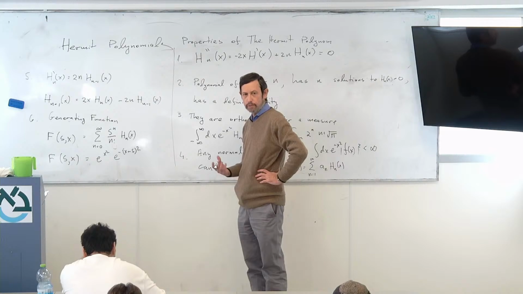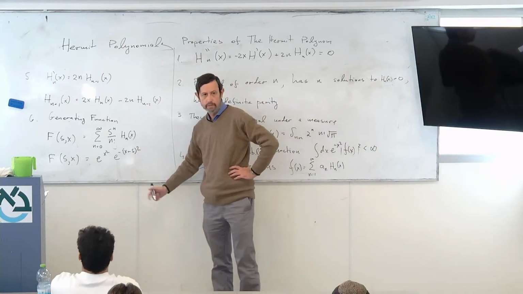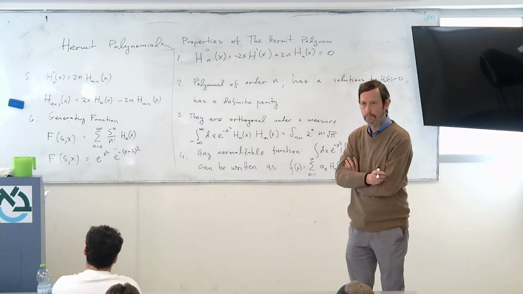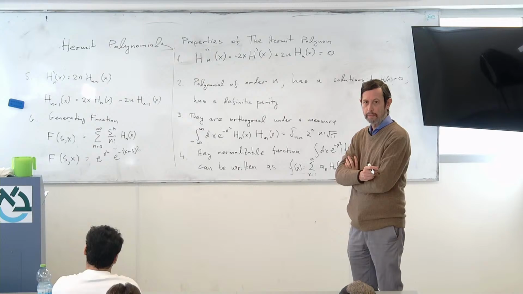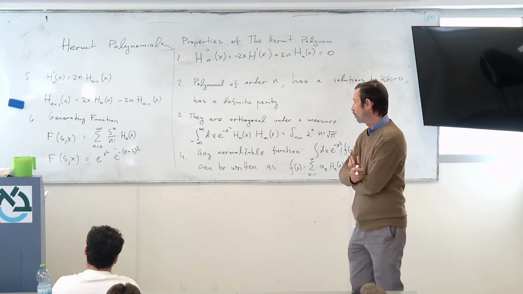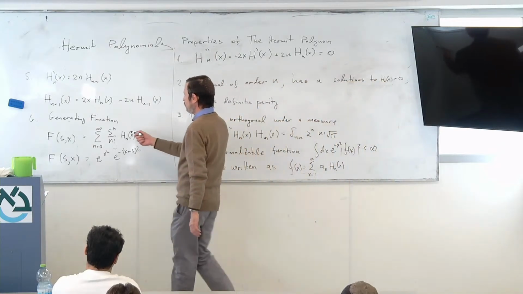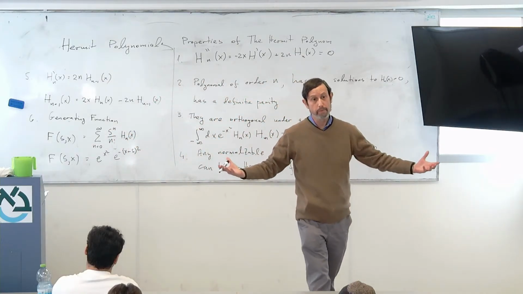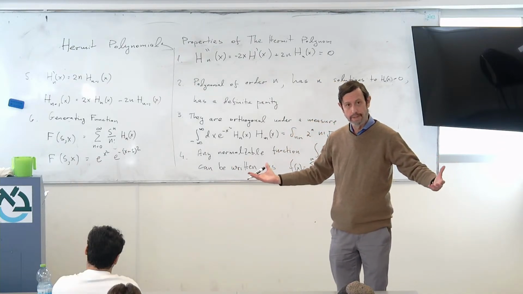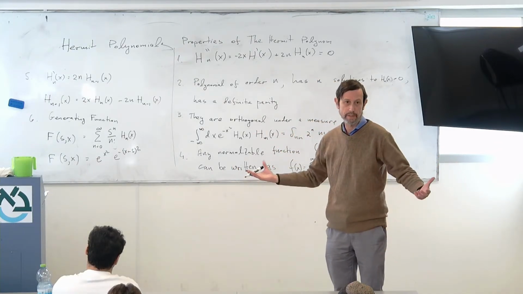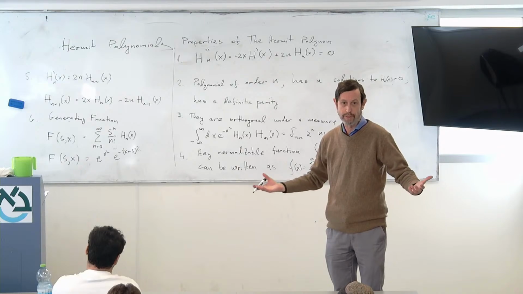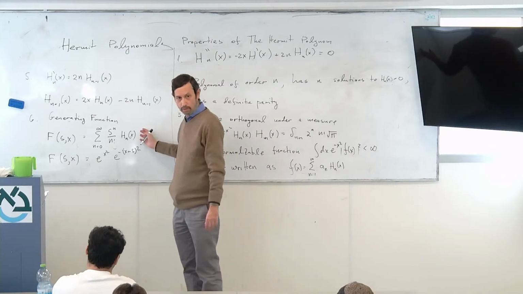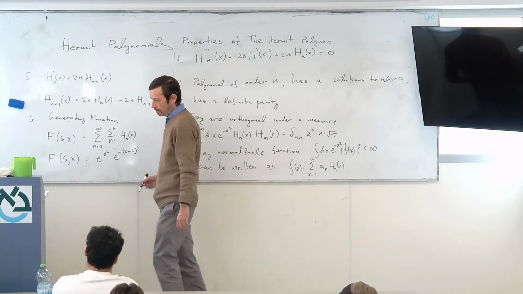How will I show that this is indeed the generating function of the Hermite polynomial? To bring it to this form, what does it remind you? Taylor expansion. Once someone gave me this, all I have to do is perform a Taylor expansion of this function and see that it corresponds here to the value.